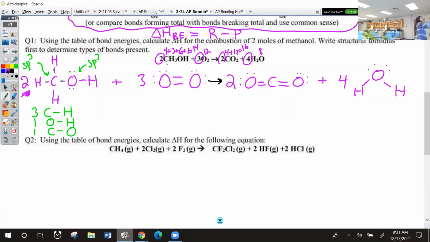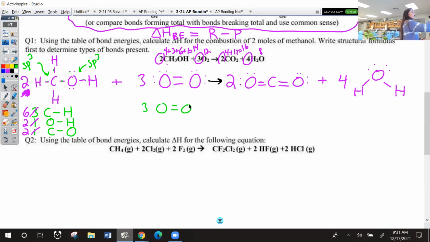Okay, now I want to make sure that I incorporate the correct number. So I do have to multiply, because this is 2 here, I do have to multiply all of these by 2. So instead of 3 CH bonds, I'm going to make that a 6. Instead of 1, I'm going to make it a 2, and then that one is going to be a 2, okay? The oxygen is pretty easy because it is just O2, so I just have 3 O double bond O's on this one.